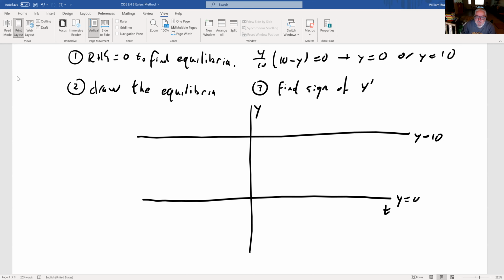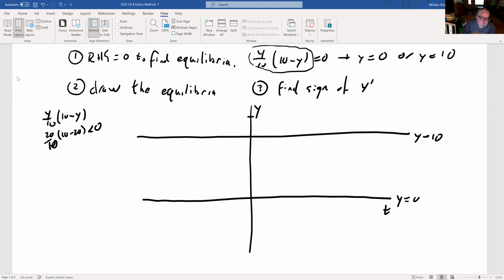Third is find the sign of y prime. So y prime is y over 10 times 10 minus y. If we take a test point, say 20, we get 20 over 10 times 10 minus 20, that's less than 0.